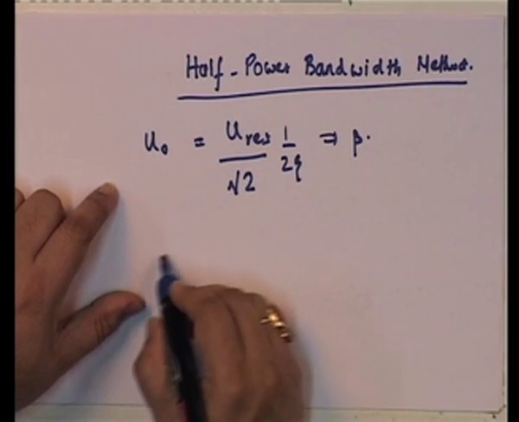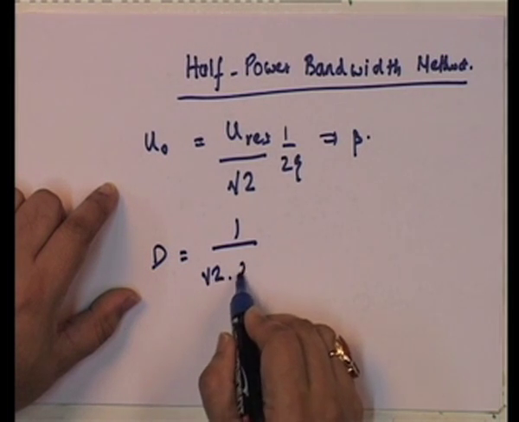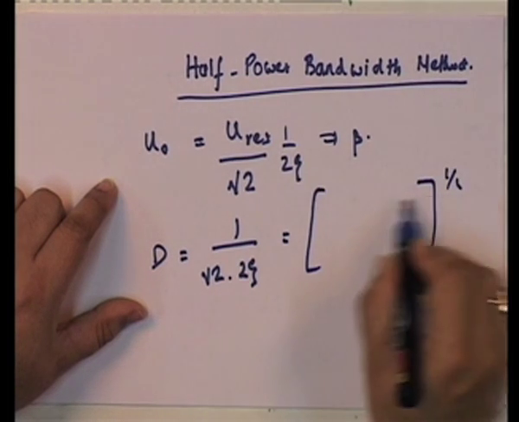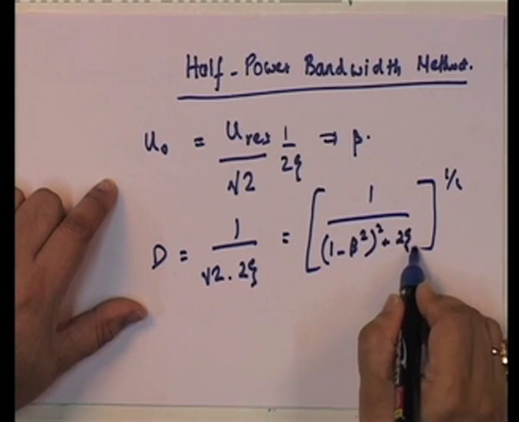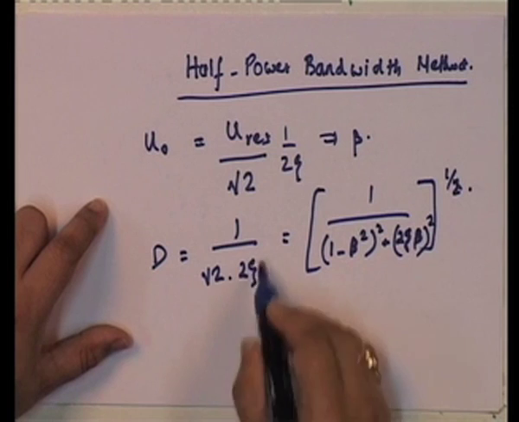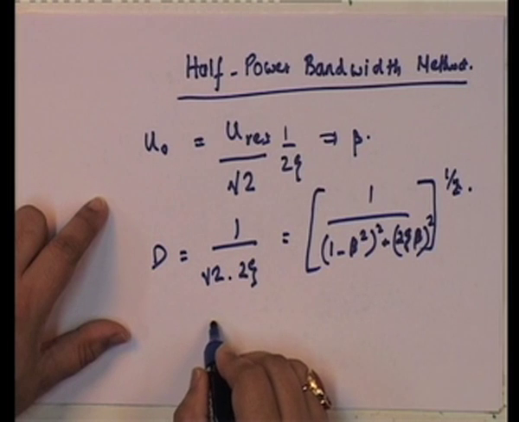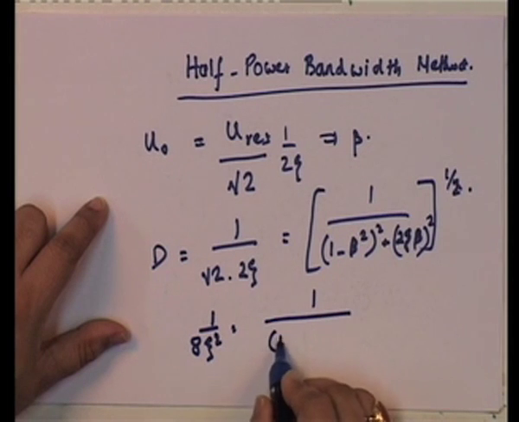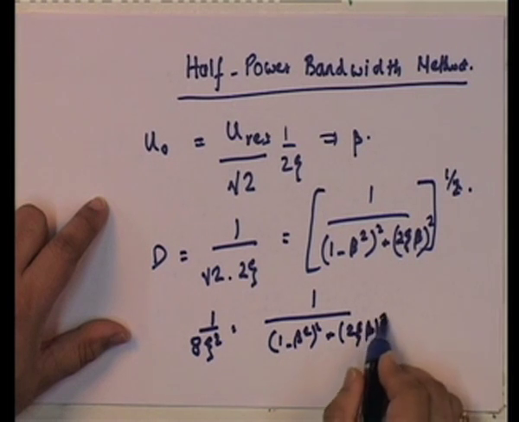So the dynamic amplification is 1 over root 2 into 2 xi, which is equal to the square root of 1 upon (1 minus beta squared) plus (2 xi beta) the whole squared. Taking the square of both sides, what I get is 1 upon 8 xi squared is equal to 1 upon (1 minus beta squared) plus (2 zeta beta) squared.